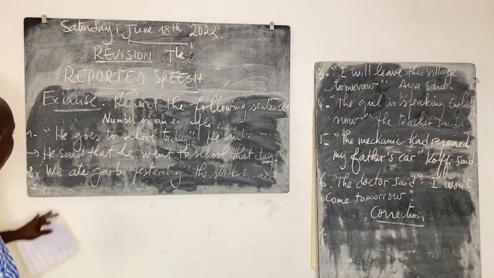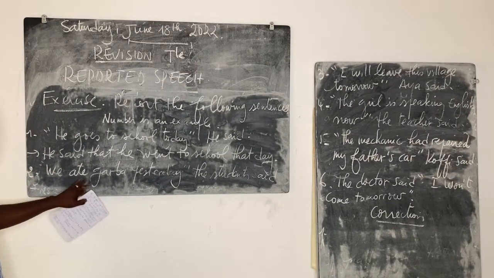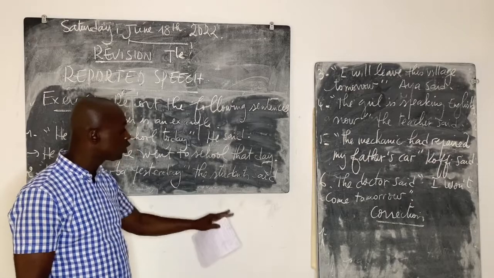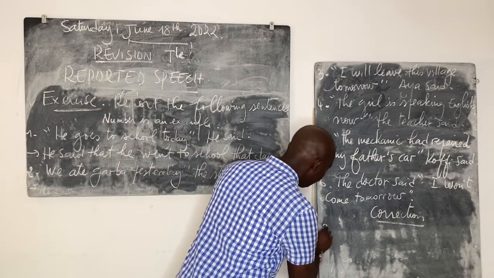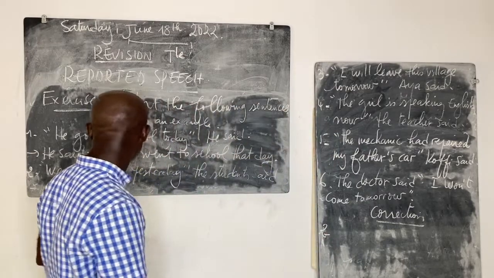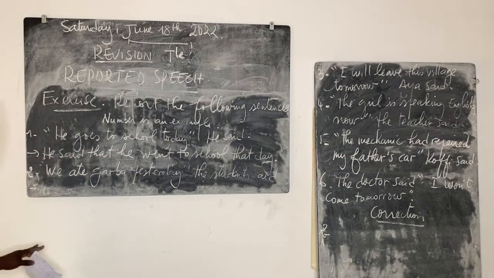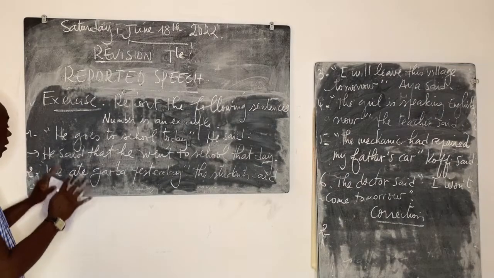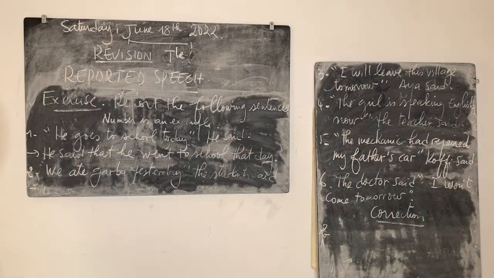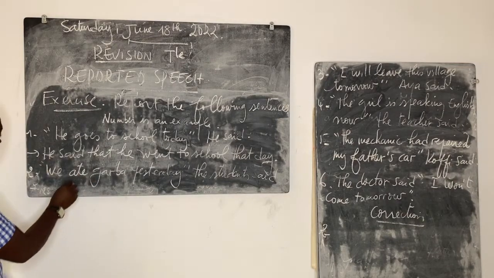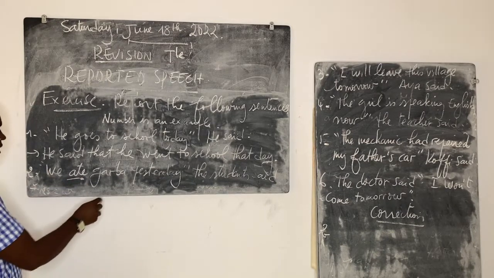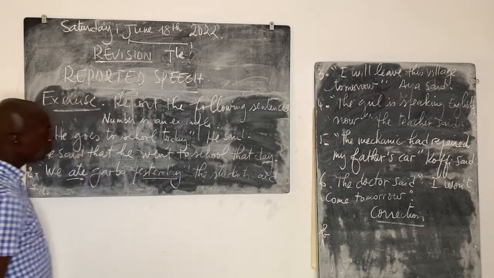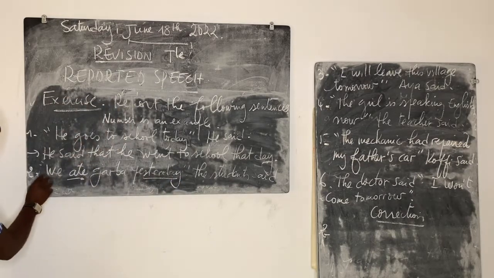Sentence number 2. We ate gamba yesterday, the student said. The sentence here is in past simple or preterite. So with the past simple, we have the changes: the tense, the adverb yesterday, and the pronouns.